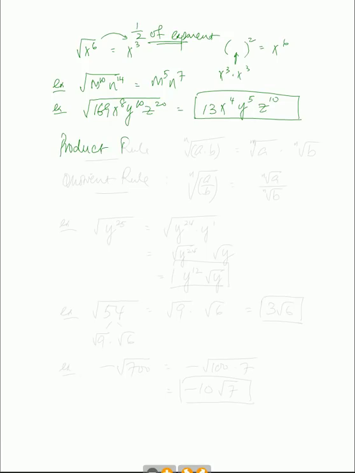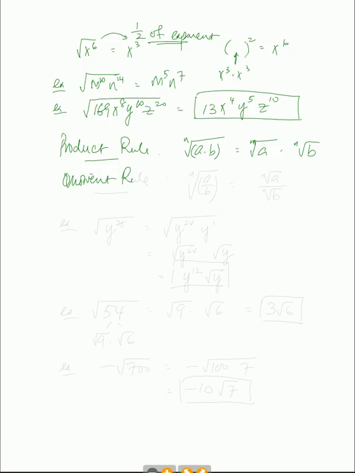So let's give the formal name for what we've been using. This is called the product rule, which says that when you have two things to be multiplied in a radical, it could be the nth root, equivalently it's like taking them apart, and that's exactly what we did. We look at them individually and we just put them together as the answer.